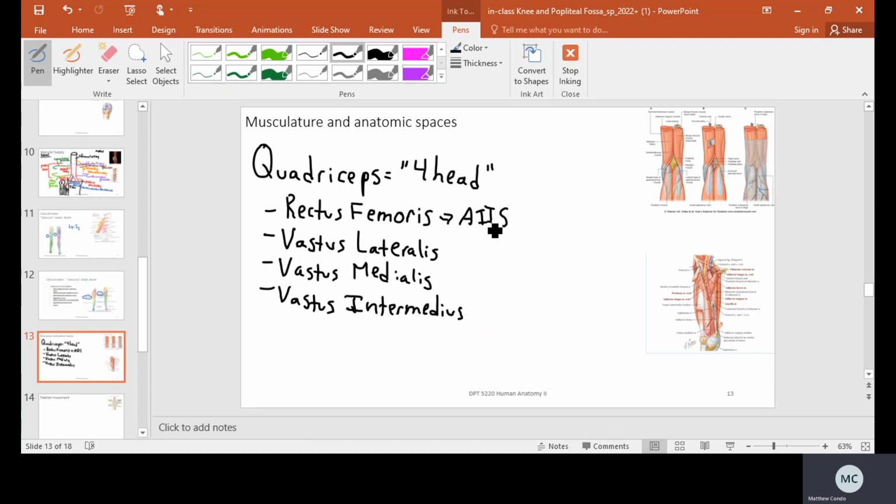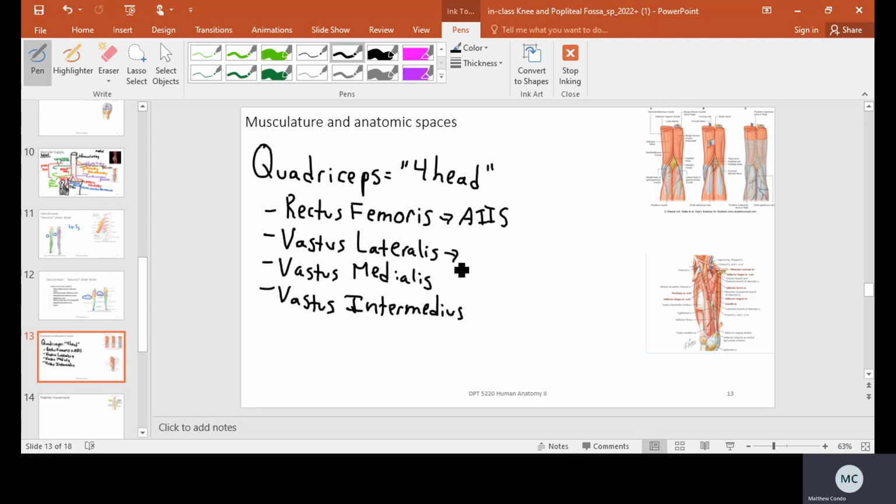Vastus lateralis is going to have all sorts of origins, right? It's going to come off of just about everything and anything this side of the femur. It comes off the intertrochanteric line, the greater trochanter, the gluteal tuberosity, the lateral linea aspera, and so on. So basically, everything that's over here, it comes off of, okay? Vastus medialis, same thing, right?